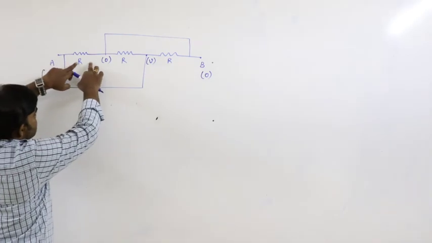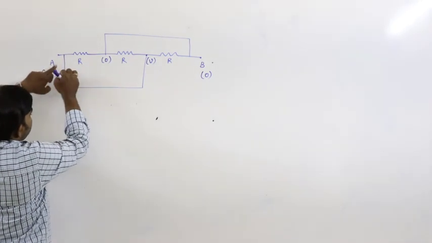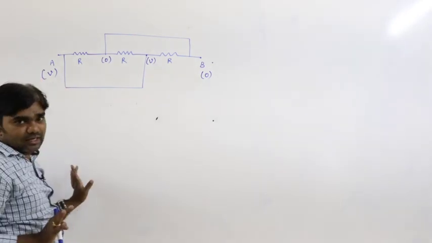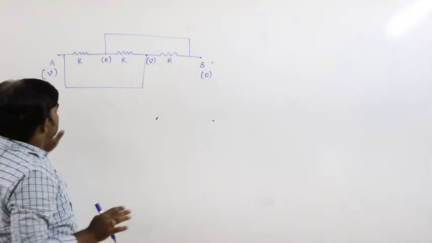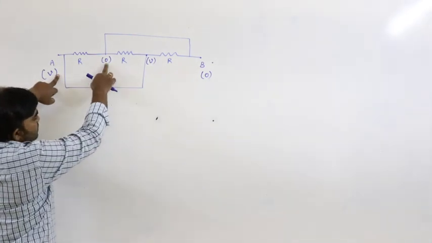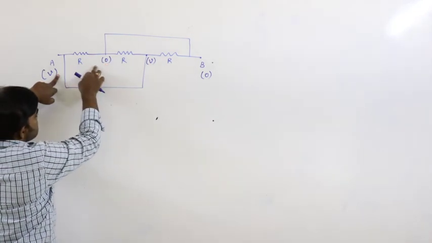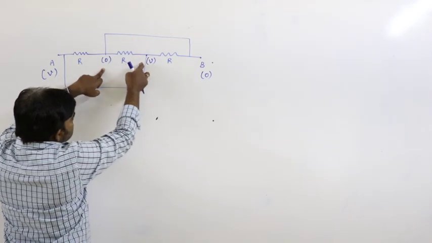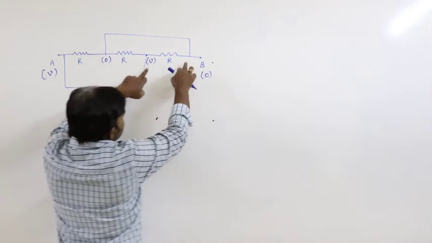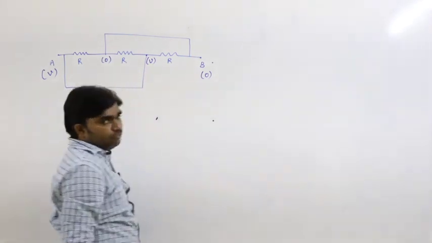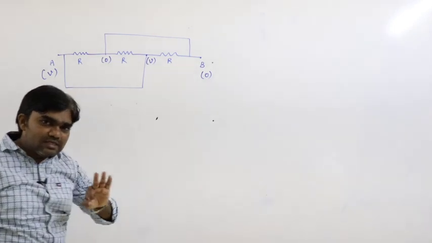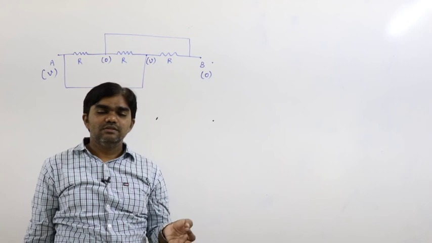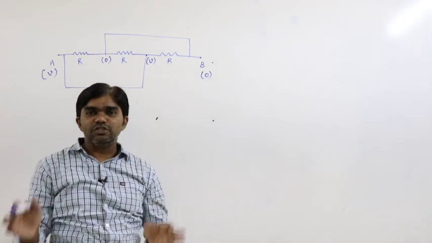The point A is at potential V, we are just considering it, and here it is the 0 potential point. Three resistances lie between the same potential difference.